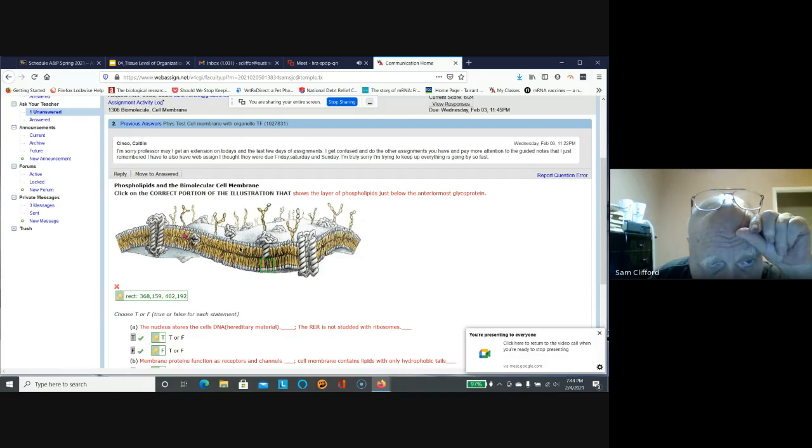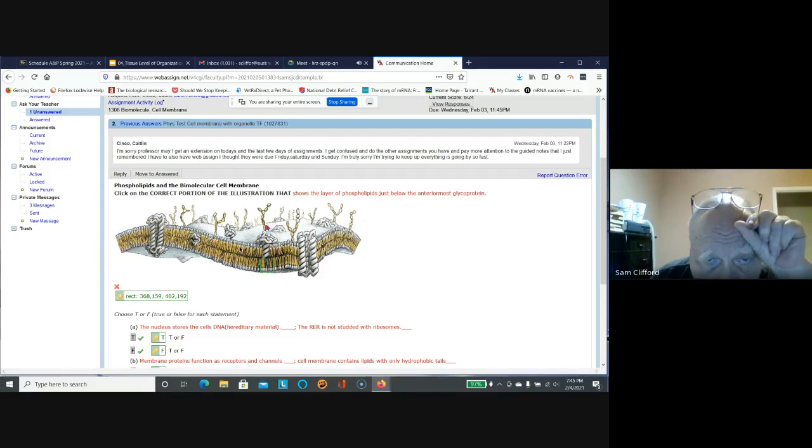This is a phospholipid. It has a hydrophilic head and a hydrophobic double tail. If you see little hexagons, those are chains of glucose. So this is a glycolipid because it's attached to a lipid.